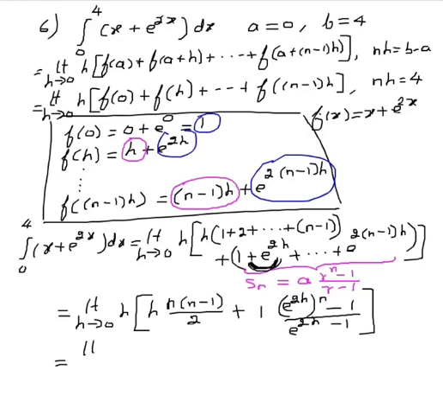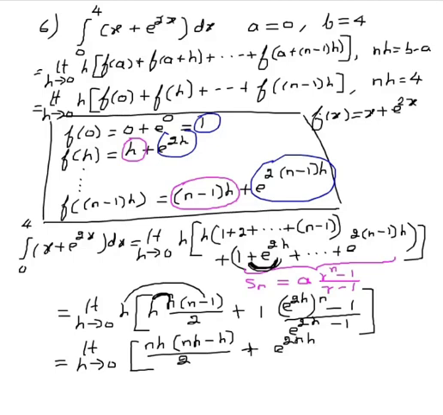equal to limit h tending to 0 of, let us distribute this h, this nh, and distribute this h and write. So nh minus h divided by 2 plus e power 2 nh minus 1 divided by e power 2h minus 1 and into h. nh is a constant.